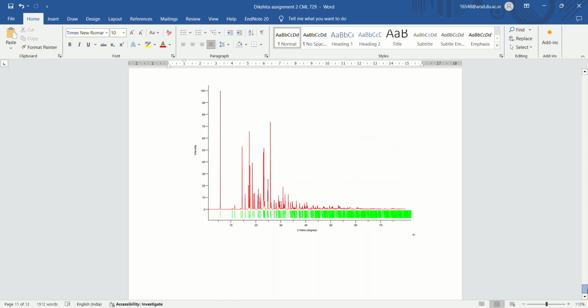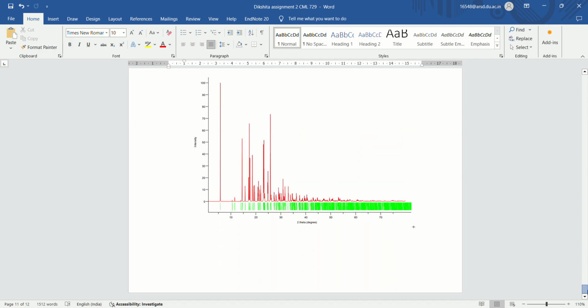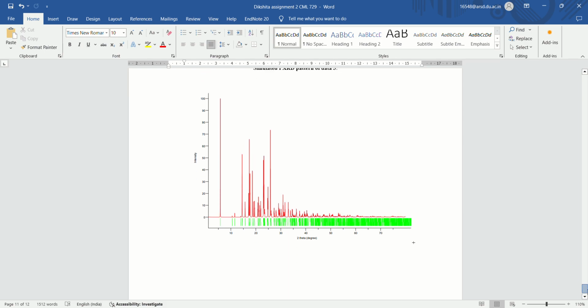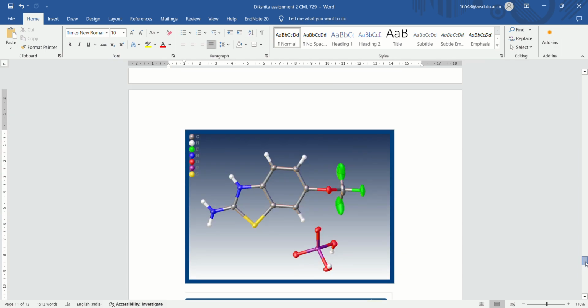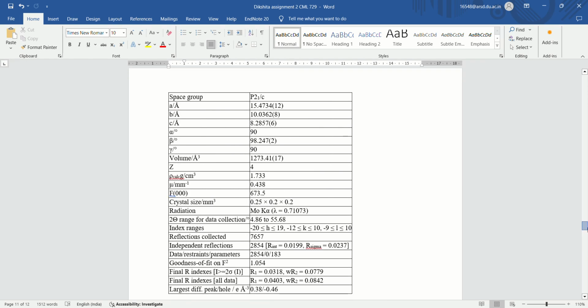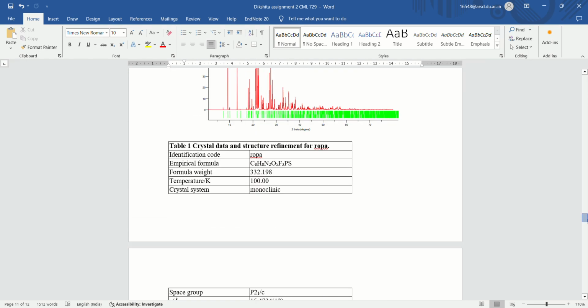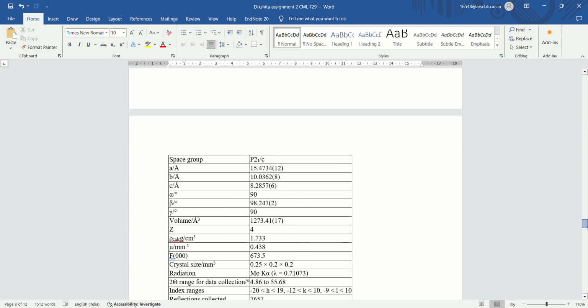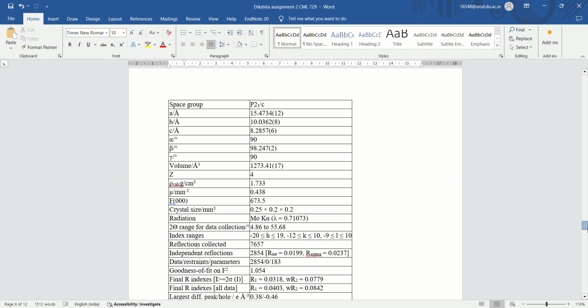Then I got this simulated powder XRD pattern for this. In the third data set, the crystal system was found to be monoclinic and the space group was found to be P21/c, and all the other values are also given here.